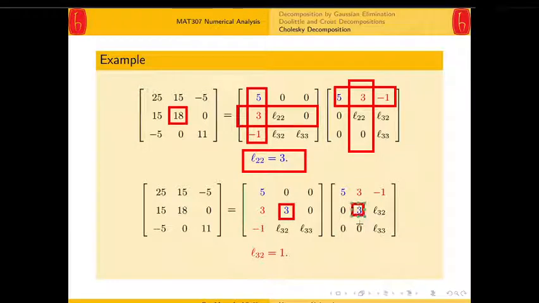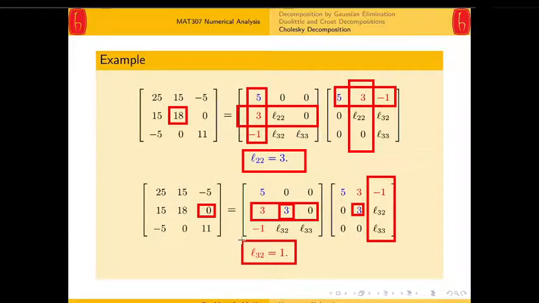Then we move on to the next unknown, L32. Here we multiply the second row with the third column. This will give us negative 3 plus 3 times L32, and this will be equal to 0, so L32 will be 1.